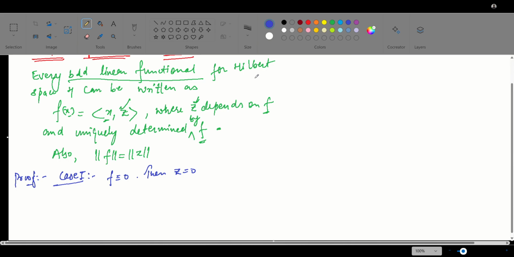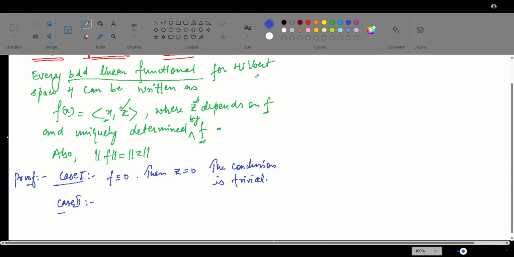You can see that if f is identically 0, then z must be identically 0. And the last property is also the norm of f equals norm of z, right? So the conclusion is basically trivial.